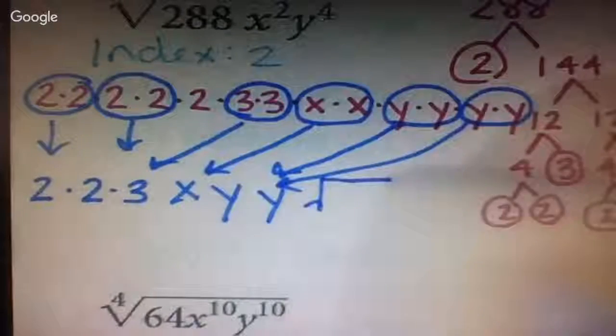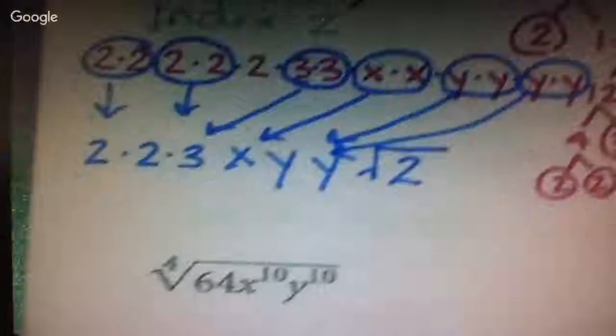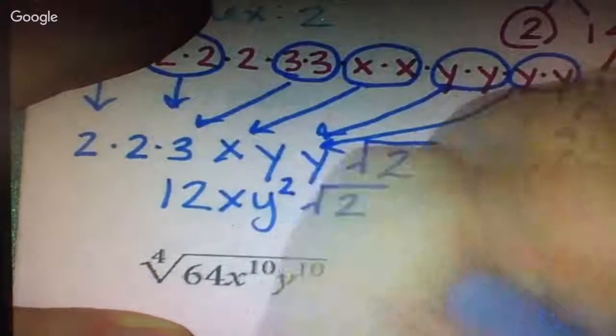Underneath the square root is what is not circled: 2. My last step is I need to multiply everything out front and multiply everything inside. So 2 times 2 times 3 is 12. So this is 12 x y squared, square root of 2.